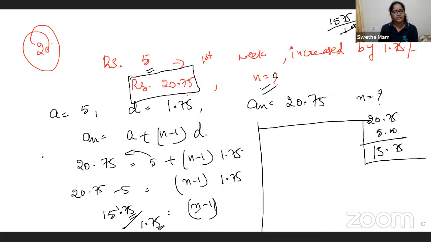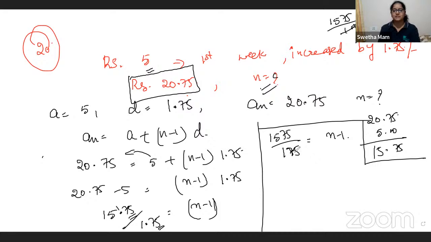So instead of that, we can write directly 1575 by 175. See, the number of decimal places are the same in both numerator and denominator, right? So you can write directly.